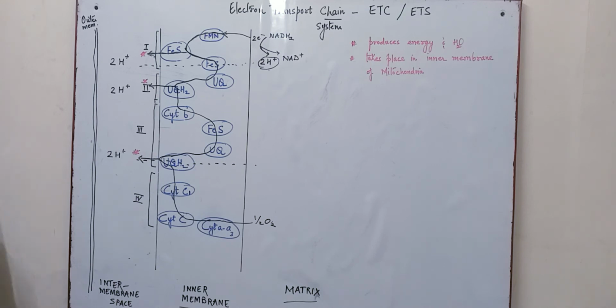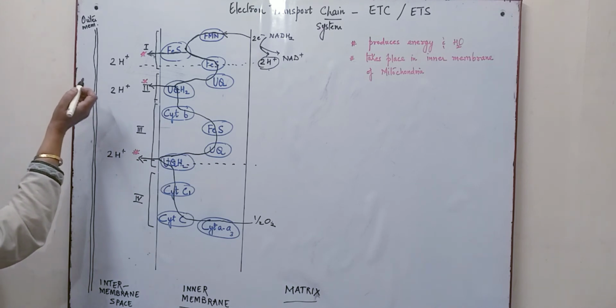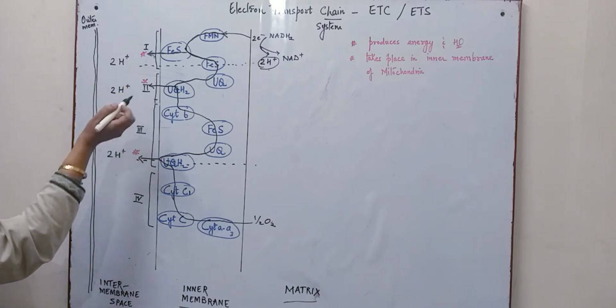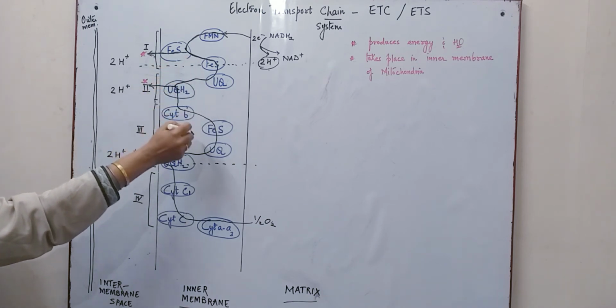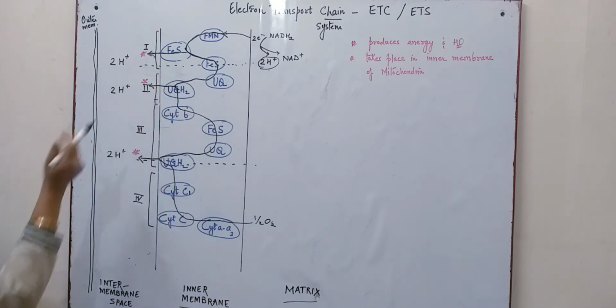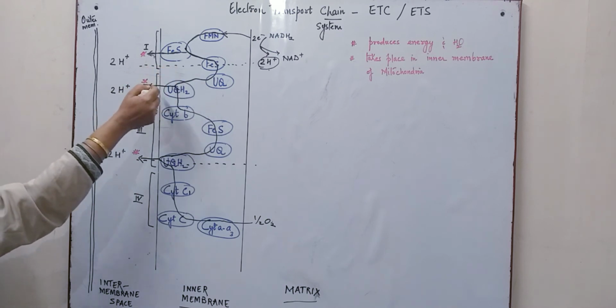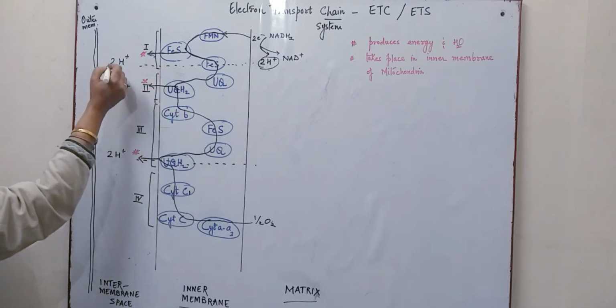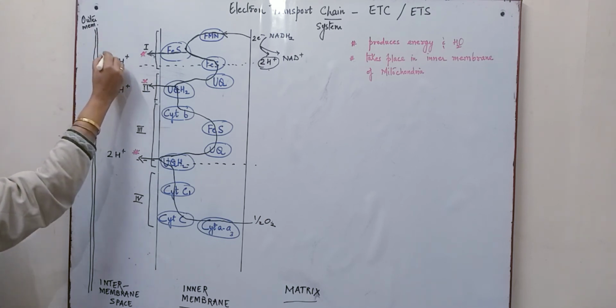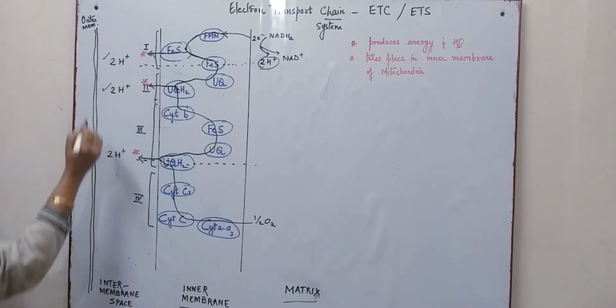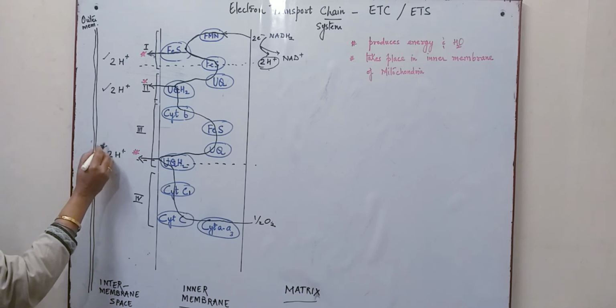In this process, when we study, we find that energy is released by the pair of electrons as it is passing. This pair of electrons, as it is passing through the complexes, releases energy at complex 1, at complex 2, and at complex 3.